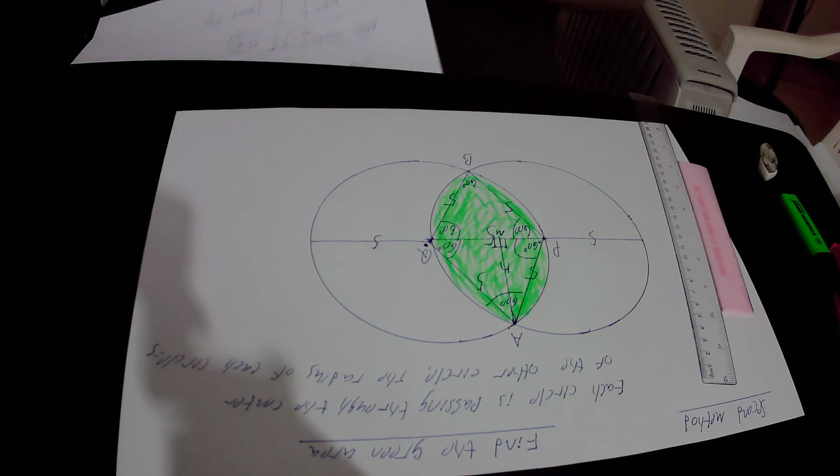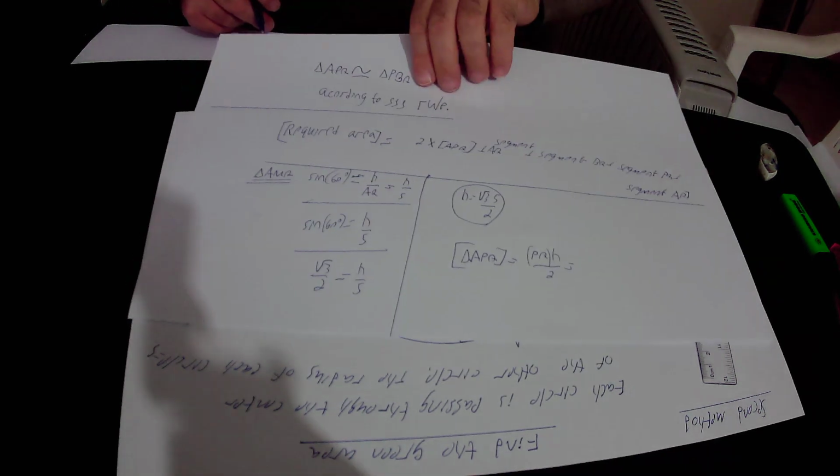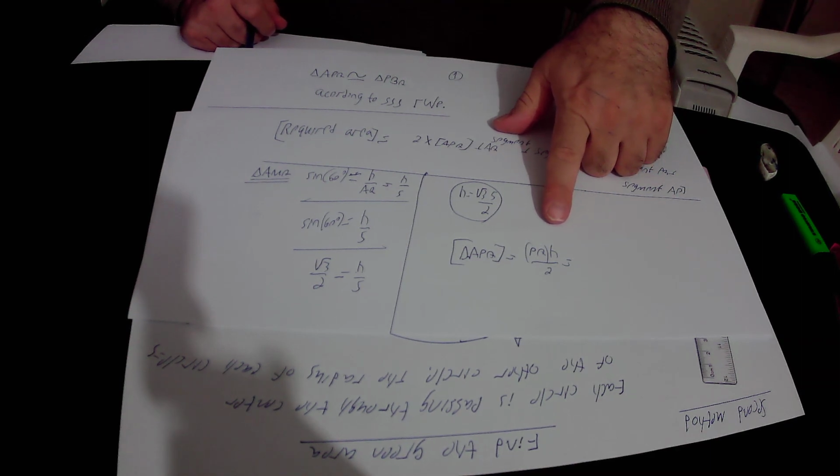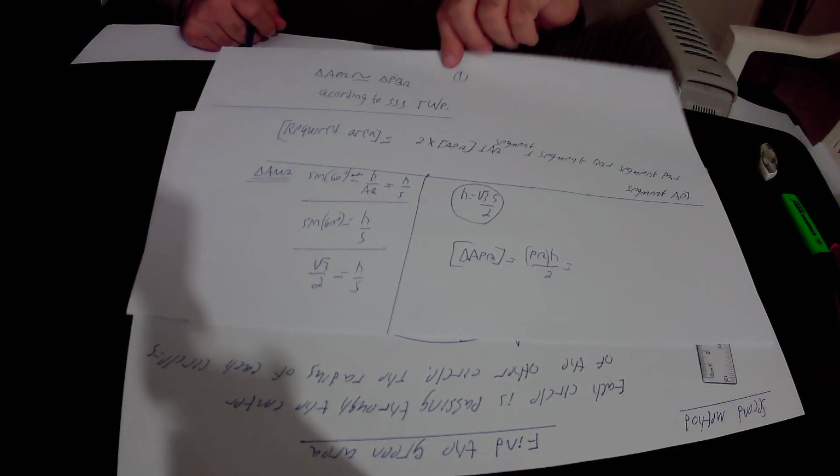Okay, the area of triangle APQ equals PQ, that is the base, times the height over 2.